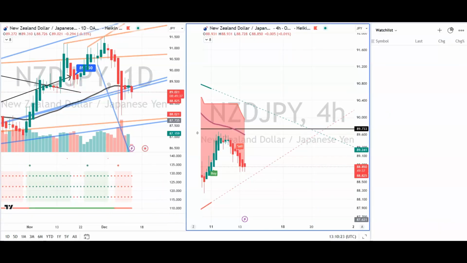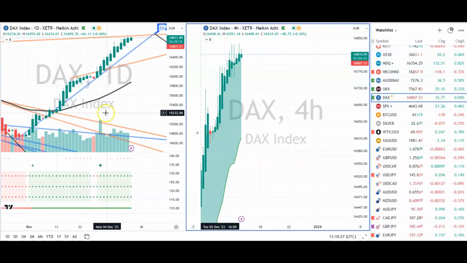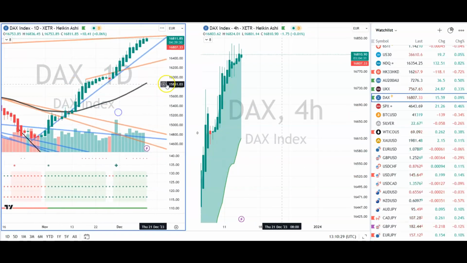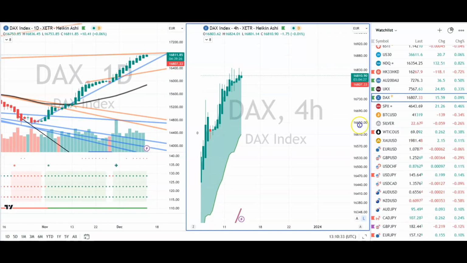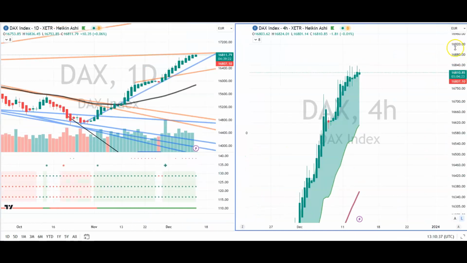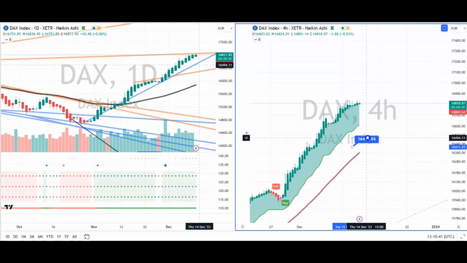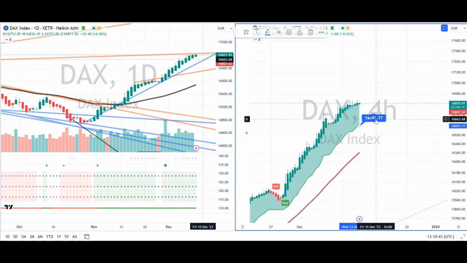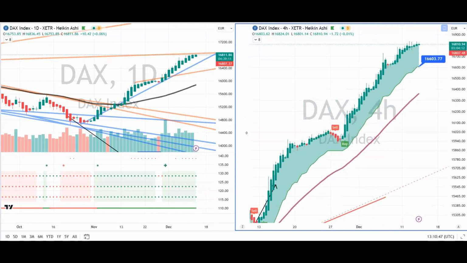The best example before I go on to the details is probably the DAX, where we can see a rally going on, a parabolic trend, the most powerful trend there is in the market. And these are the charts that tell you when it's going to happen. It also allows you to ensure that you get the maximum out of the move as long as the price continues to have market structure.